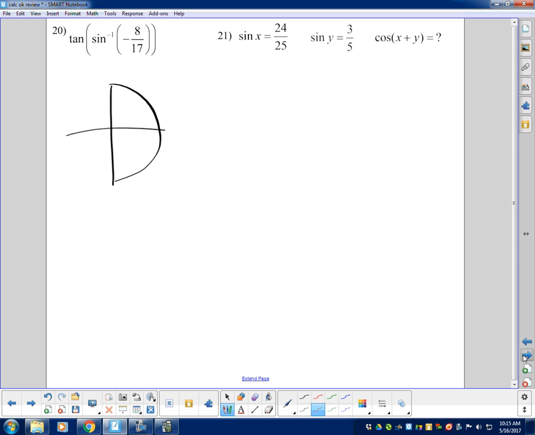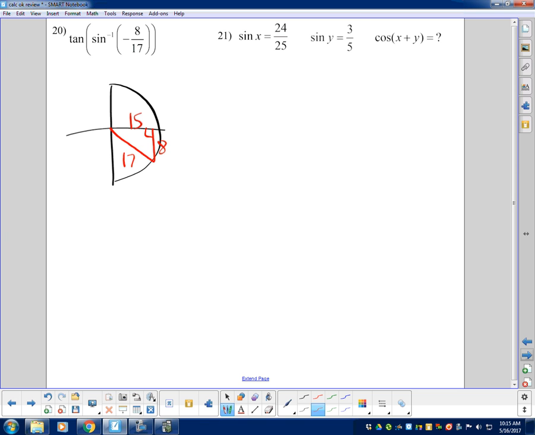So 8 over 17, the picture is going to look like this. We've got 17 as the hypotenuse, the 8 is the opposite, and that's actually a Pythagorean triple. If you don't recognize the Pythagorean triple, just use the Pythagorean theorem to find that other side of the right triangle, which is 15.